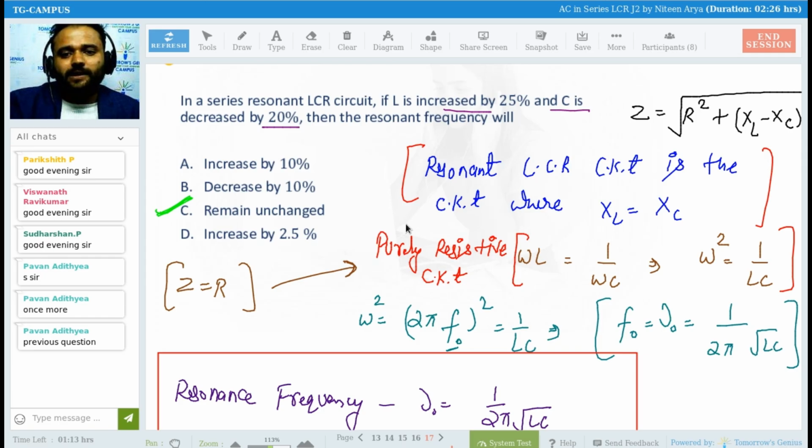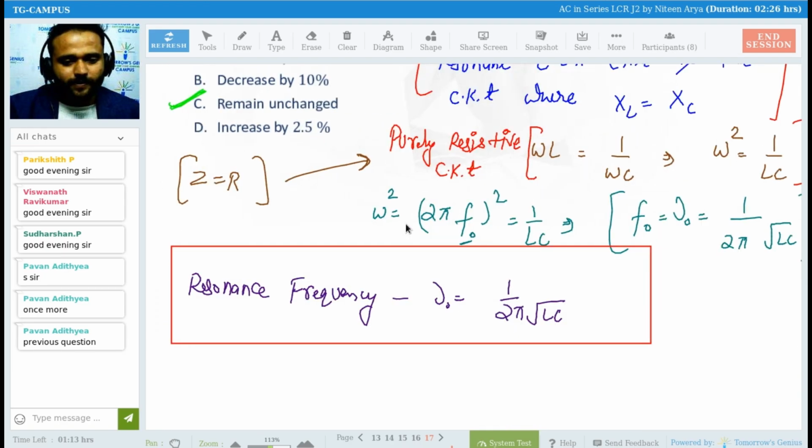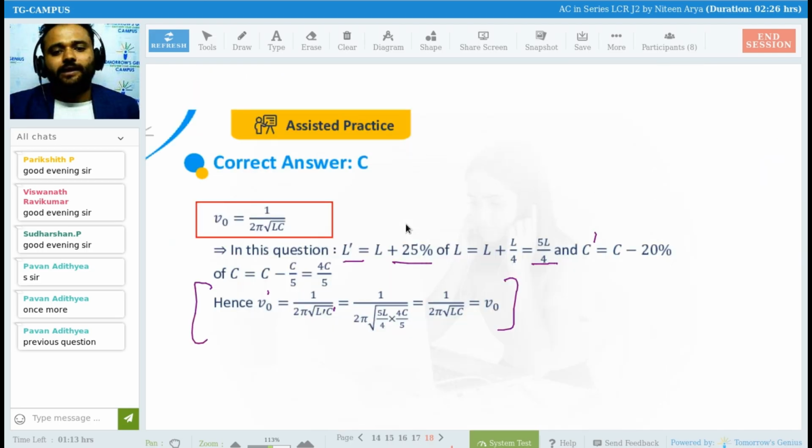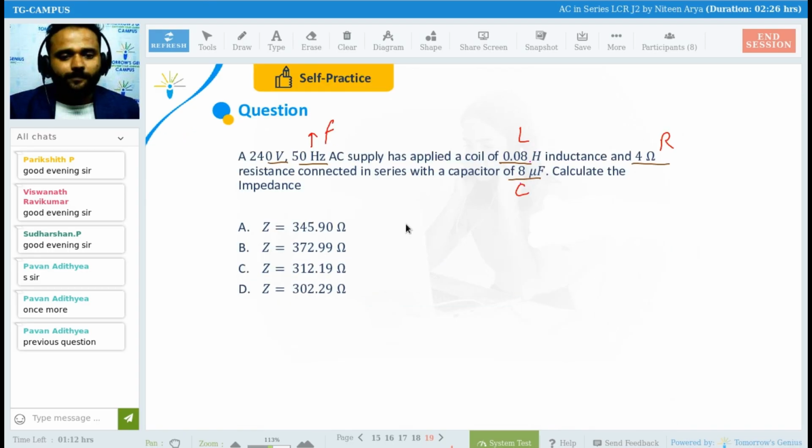So if I increase my L by 25% and decrease my C, which is capacitance, by 20%, how does my resonant frequency change? The resonance frequency f naught is 1 upon 2 pi under root LC. Clear? So the moment I put L prime and C prime, I find there is nothing changed. So the frequency remains the same.